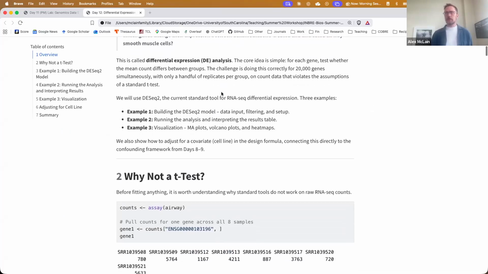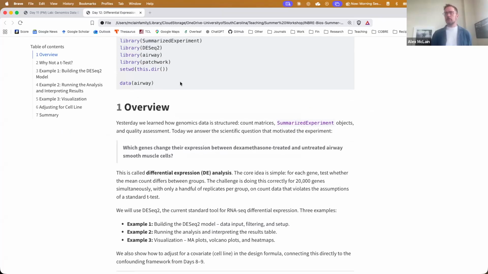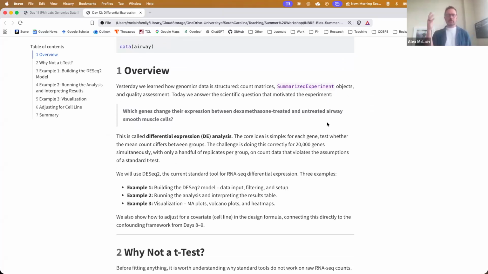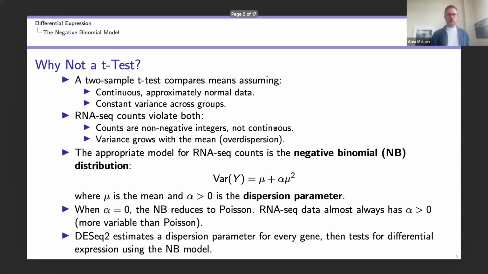So here we'll just use the airway data set that we used last time. And this is one of the summarized experiment objects. Has everything in it, has the count data, has the column data, has the row data, everything we need. So when we run this, usually when you have 2 groups, treated and control, the standard method in statistics is a 2-sample t-test.